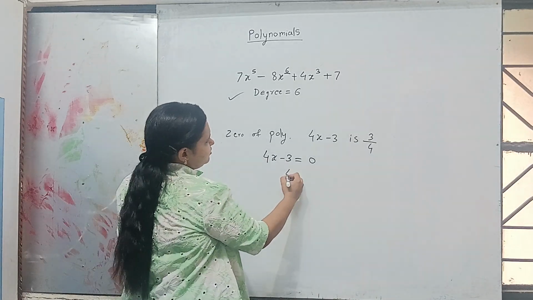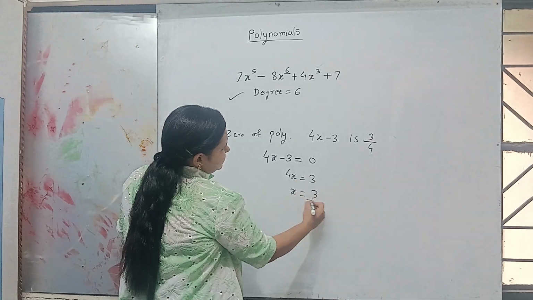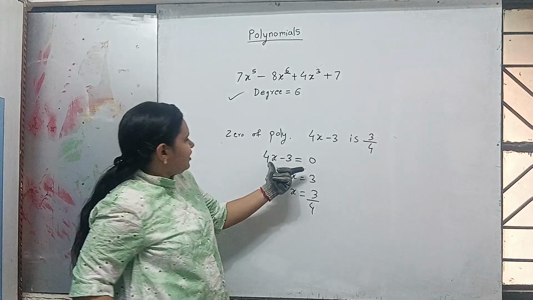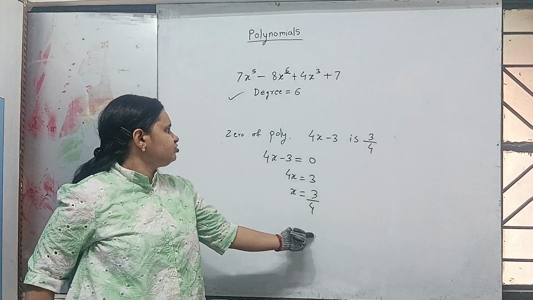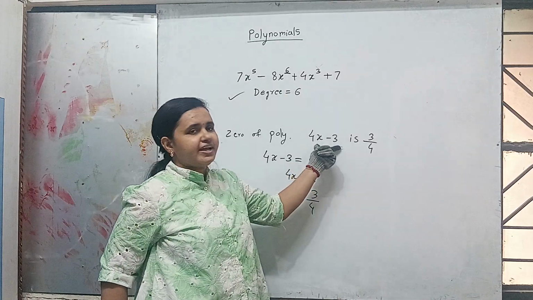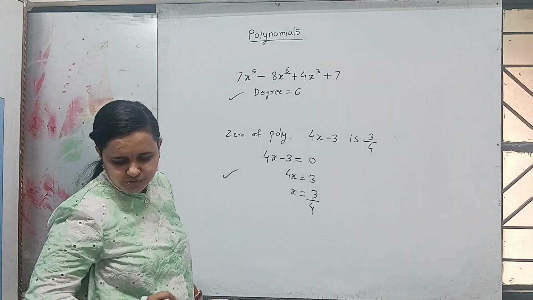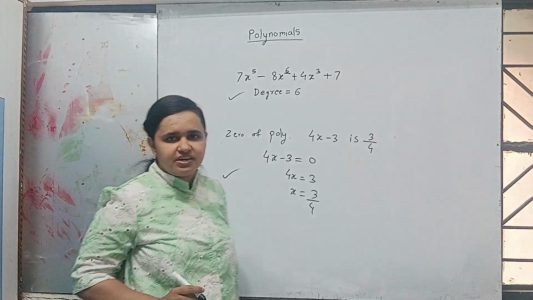So what will it be? 4x is equal to 3 and x will be 3 by 4. What we have got? x equals 3 by 4. That means it is the zero of this polynomial, 4x minus 3. That means it is also a correct statement. That means both the statements, first and second, are true.